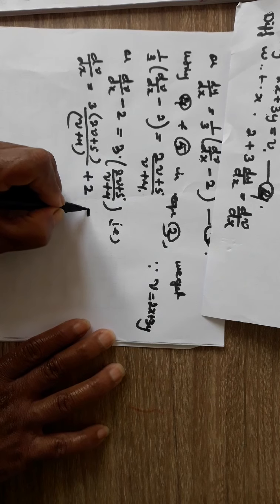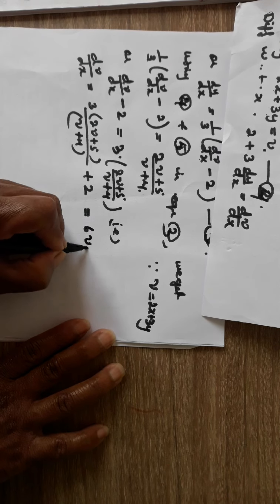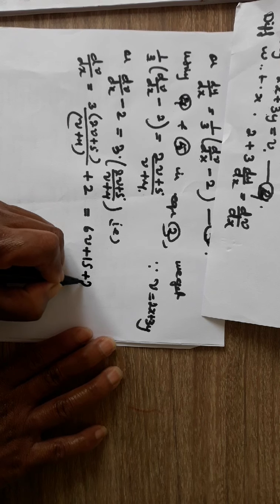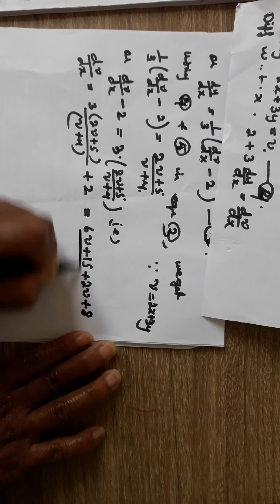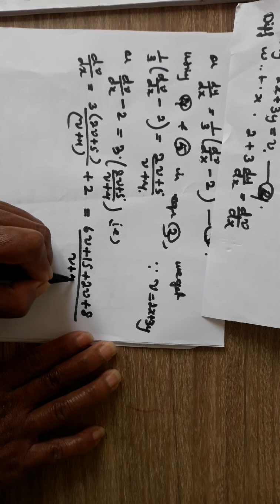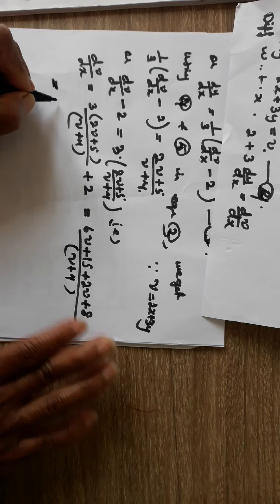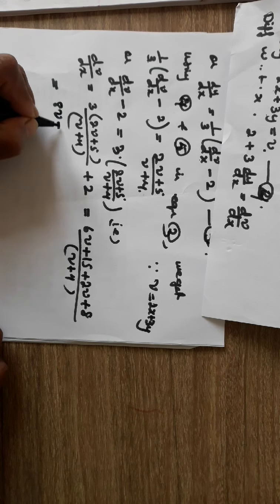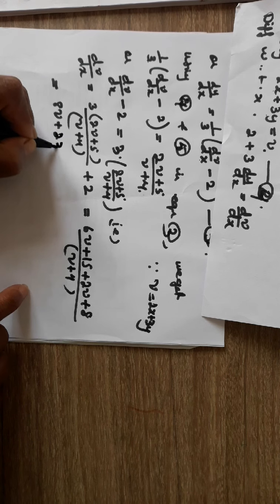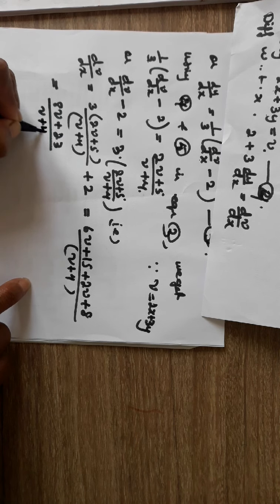So this will be equal to 6v plus 15 plus 2v plus 8, by taking the LCM, divided by v plus 4, which is nothing but 8v plus 23 divided by v plus 4.